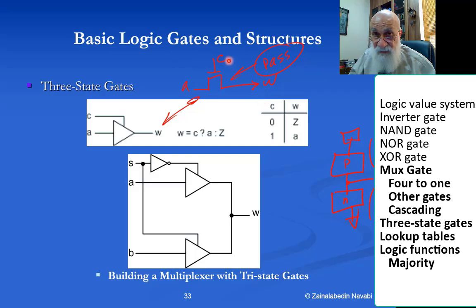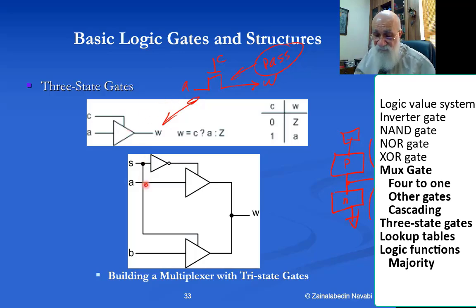If it is 1, the output is driving current from the input A. But if this is a tri-state structure, if C is 1, W is still driving current from the pull-up, from the supply or from the ground, and therefore electrically these two structures are different.